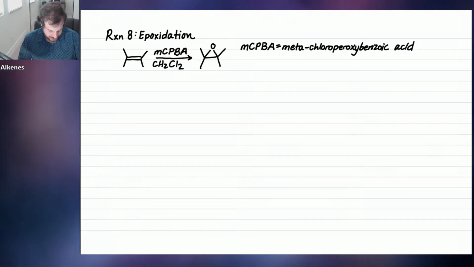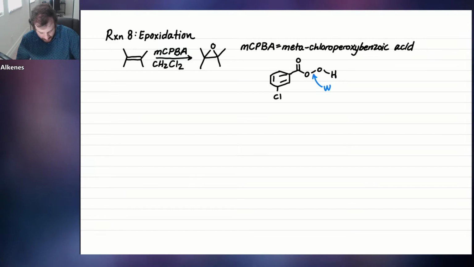And the structure looks like this. It's a benzene ring. There's a chlorine on it, and then a peroxy acid. So the key is this oxygen-oxygen bond is quite electrophilic. So this is a weak oxygen-oxygen bond, and it's electrophilic.